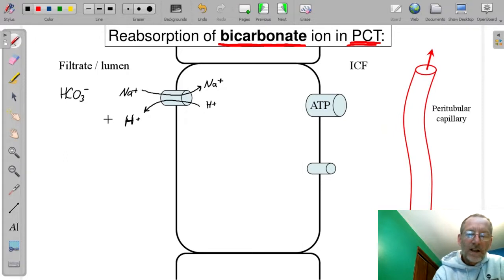So the hydrogen ion combines with the bicarbonate, and you know what those two make. This is our same old reaction that we've done many times. That forms carbonic acid.